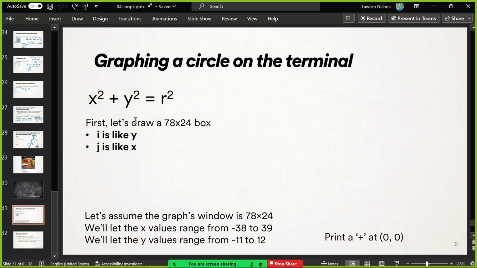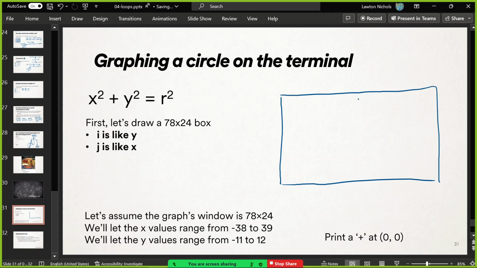Now notice that if we were to translate this into a graph, we just made a box of stars, and the width of the graph was 78, and the height was 24. Let's say w equals 78, h equals 24.